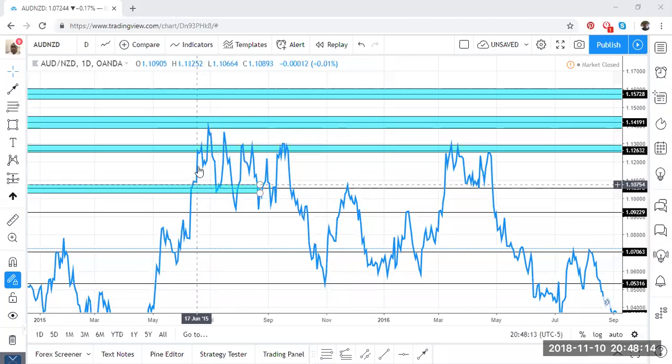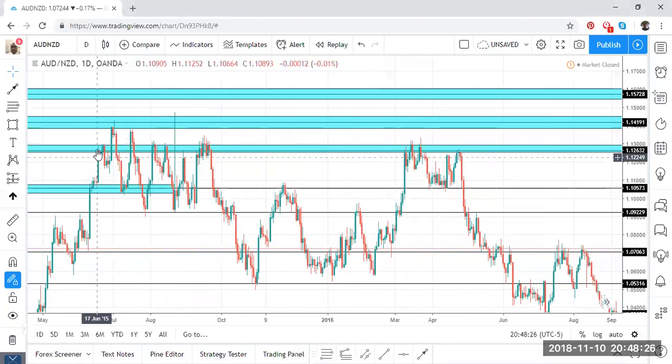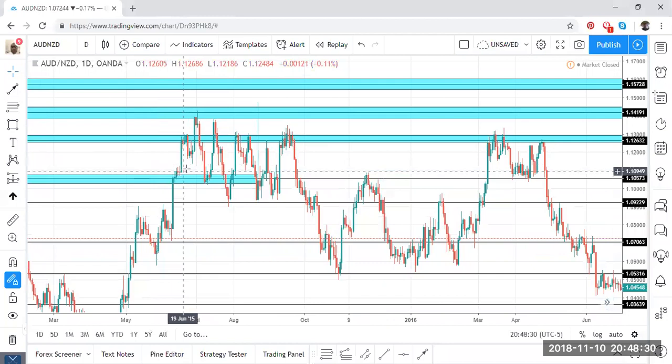The minor zones in there that I don't have labeled, they're going to be my TPs. So let me go back to the candles. Say I'm taking a buy on this one here. If I buy from the bottom of my zone, my first TP would be where price finds resistance over here and support right here.